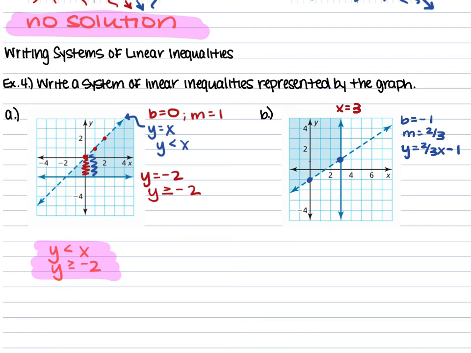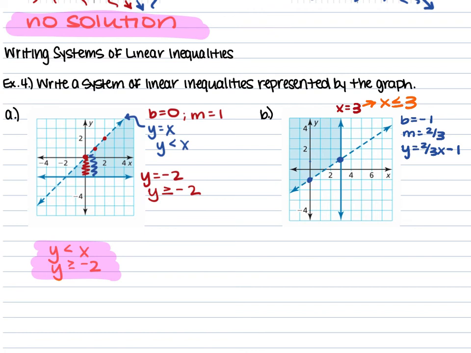If I then look at those lines to see what my inequality symbols are going to be, for that x is equal to 3, I have a solid line, and my shading is to the left of that line, so those x values that are being covered are less than 3. So that's going to turn into x is less than or equal to 3.